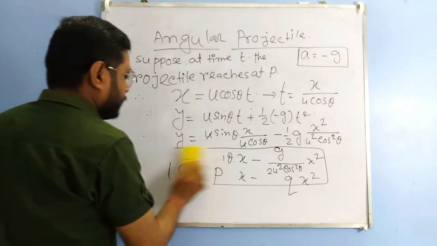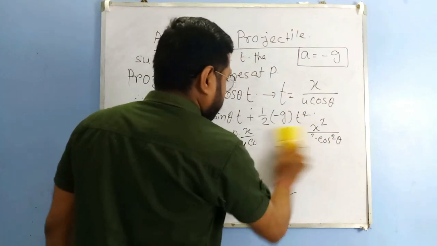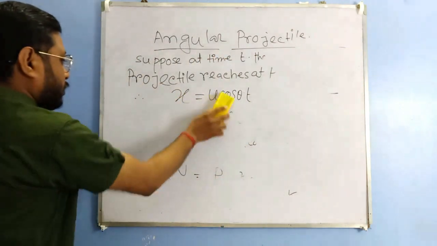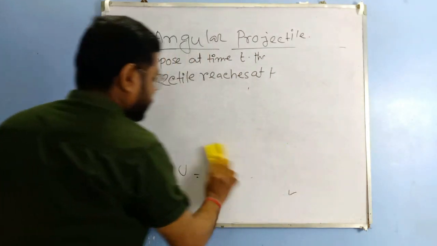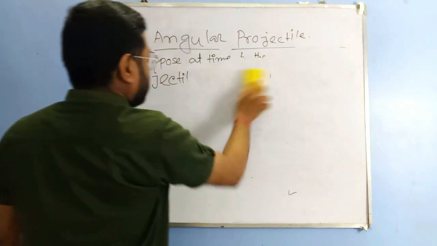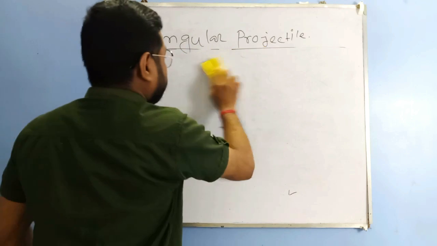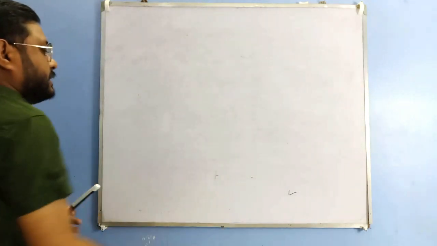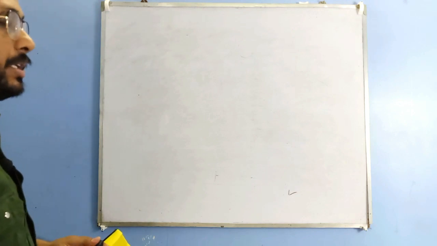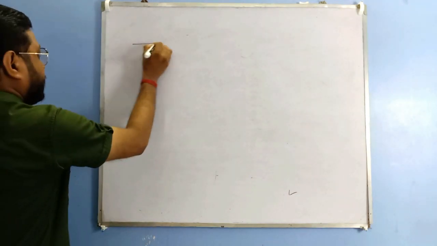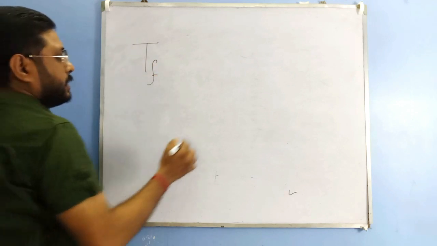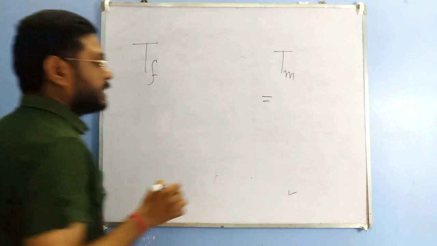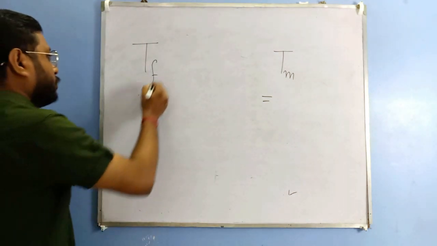Next we go to the time at which the particle reaches maximum height, or the time needed for the projectile to reach maximum height. For this we call it Tf, and if we take total time of flight as Tm, then what is the relation between Tf and Tm? Tf is the time taken to reach maximum height, and Tm is the total time of flight.